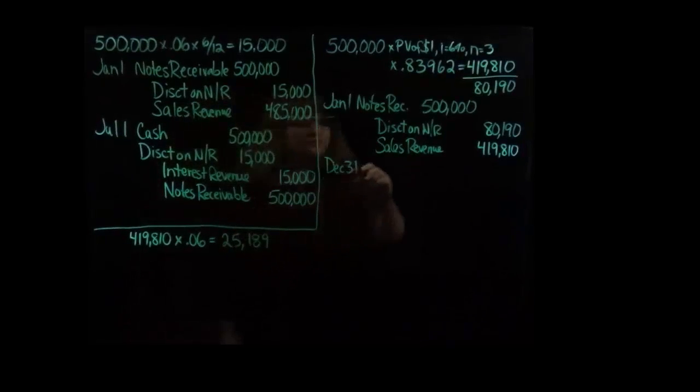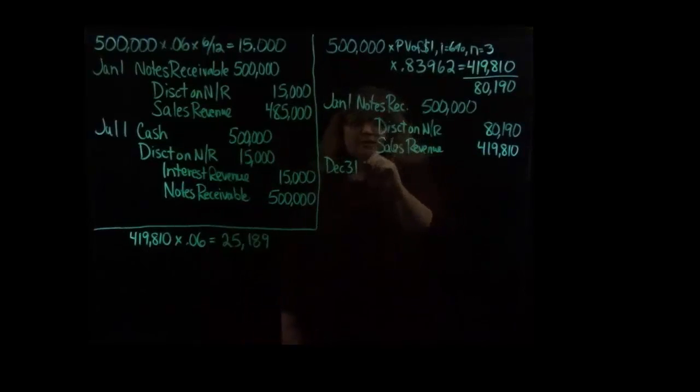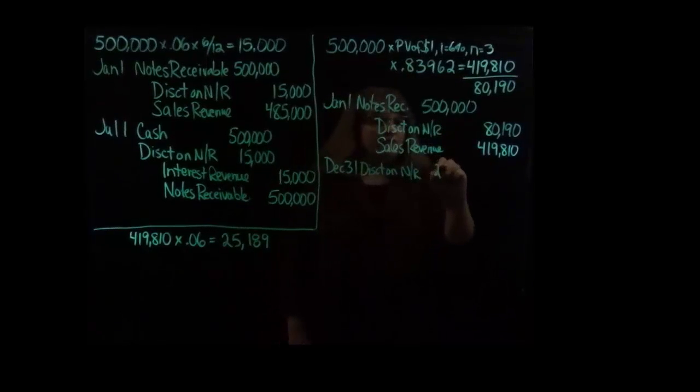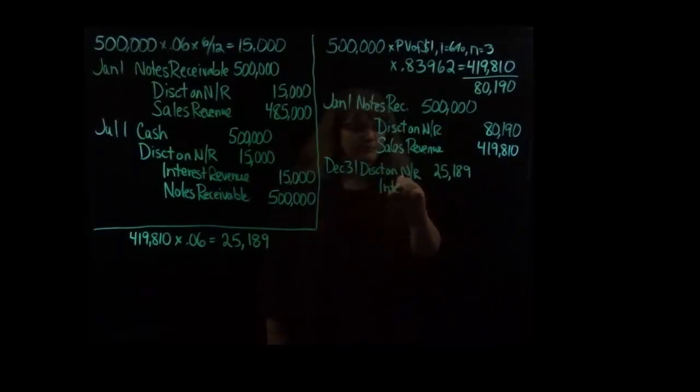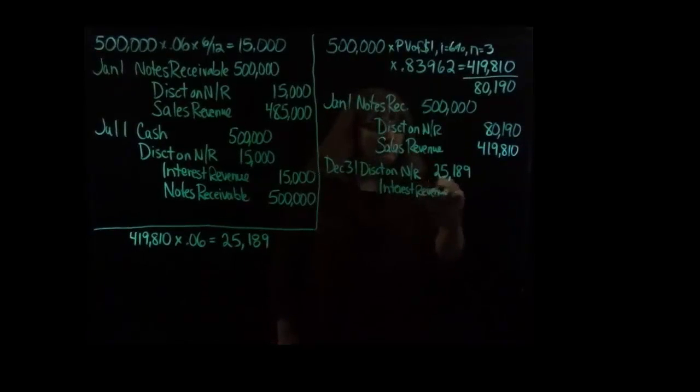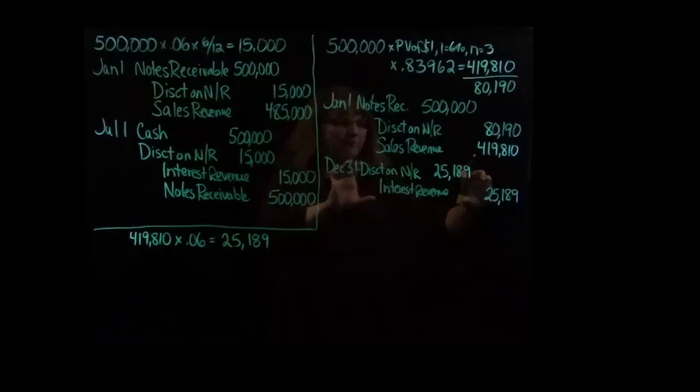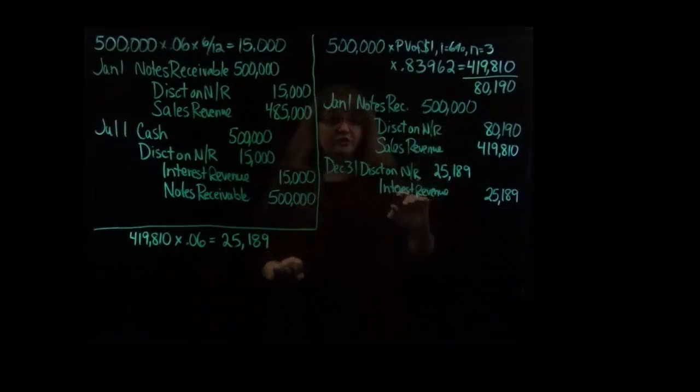$25,189. And so then we're going to debit the discount for that amount and credit interest revenue for that same amount. Now, what happens once we've debited this discount is notice that the present value or the book value of this note now changes.